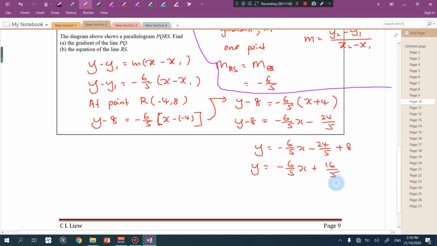So you can stop here. If you don't want, some students don't like to see the fraction like this, you can just multiply the whole equation by 5. You get 5y equals negative 6x plus 16. Okay, you can stop here if you don't want to continue to this step. Both are correct.